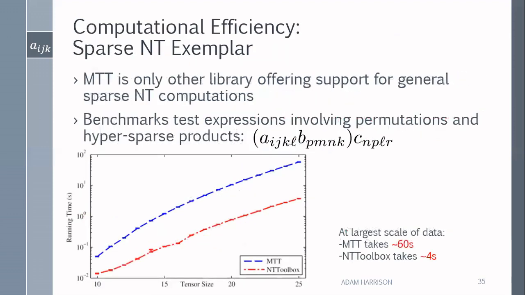Compared to the competitor, the MATLAB Tensor Toolbox, we looked at some benchmarks implemented in the best way using both frameworks. This test involves both permutations and hypersparse multiplication. Because of both the linearized coordinate format and the poly algorithm, our numeric tensor toolbox approach was faster at all scales of the test. At the largest scale of data, it took 4 seconds, whereas our competitor's approach took 60 seconds.